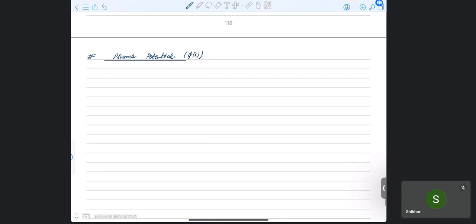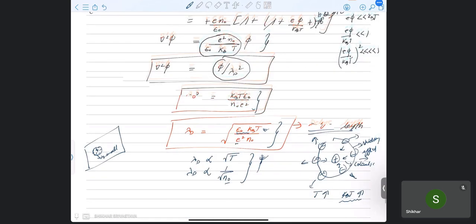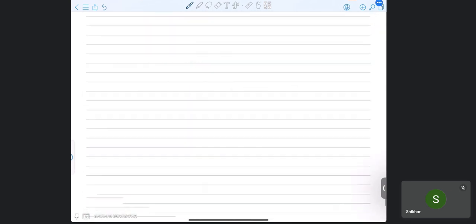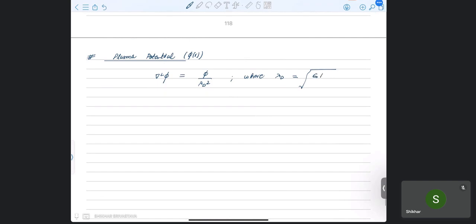We know that del square phi, which we've already derived, is equal to phi upon lambda D square, where lambda D is the Debye length, and it is equal to epsilon naught kBT upon n naught e square.